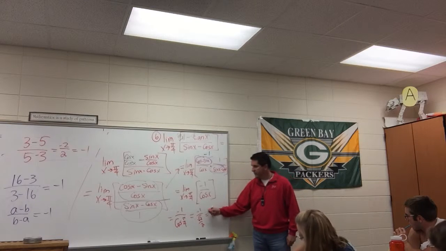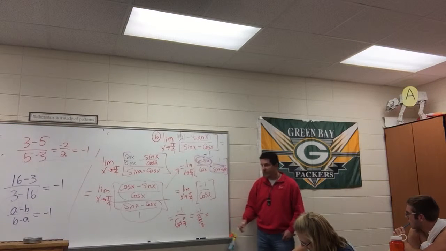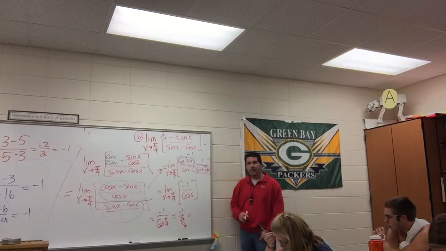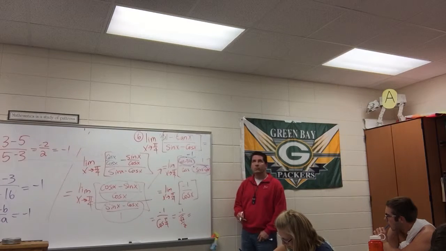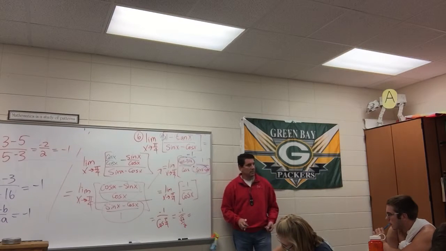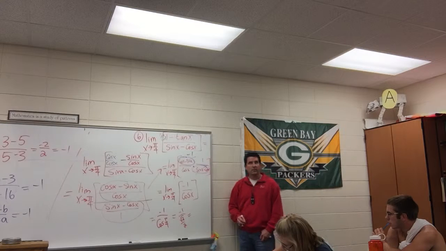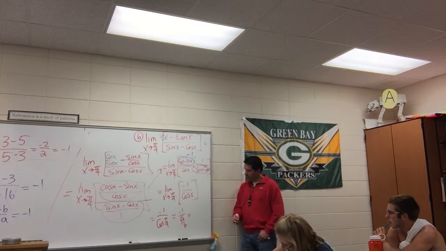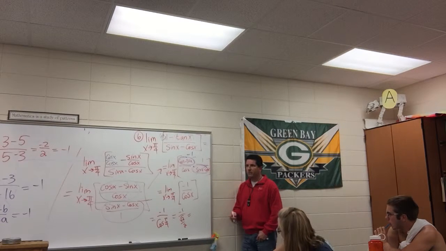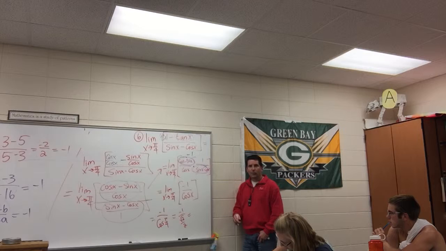And let's simplify this. We shouldn't really leave a compound fraction like this. What's negative 1 over the square root of 2 over 2? Negative 2 over the square root of 2, and then rationalize, simplify that, because it can be way simplified.